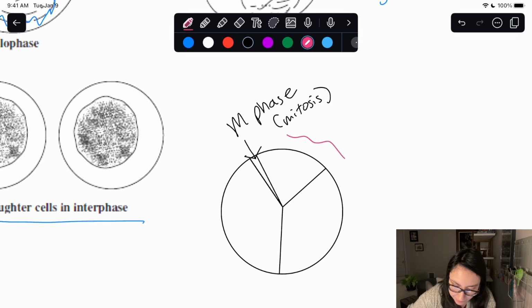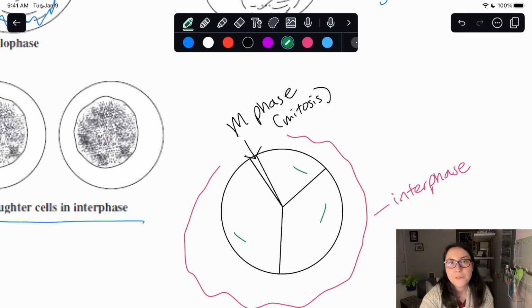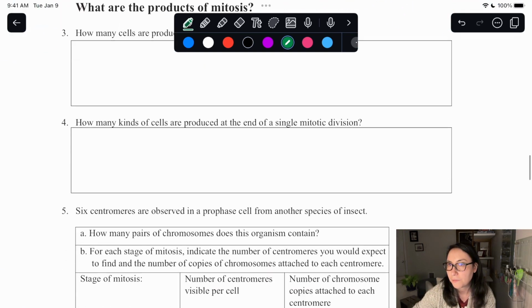And everything else, that is interphase. And again, you're going to have to remember G1, G2, and S phase, and remember where they're placed in this area here of the cell cycle. So if you guys want to go over this, just tell me in the chat. Otherwise, we're going to move on and get the rest of this worksheet done.